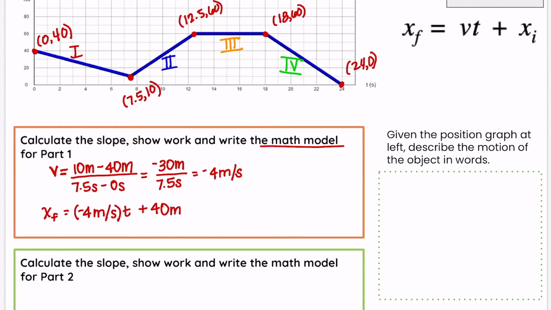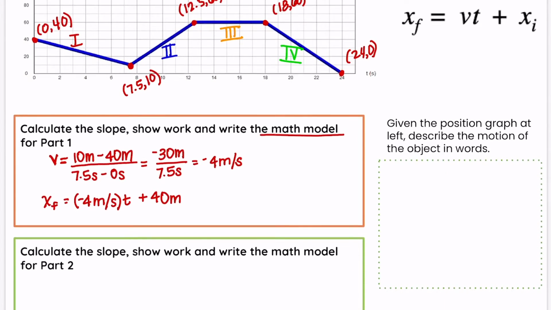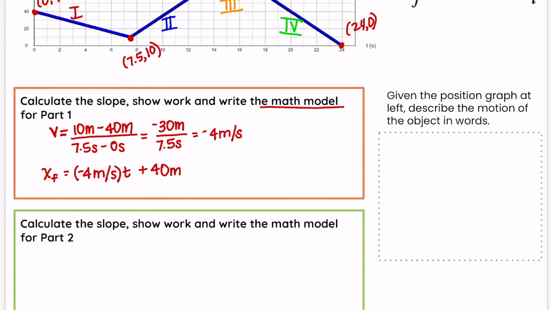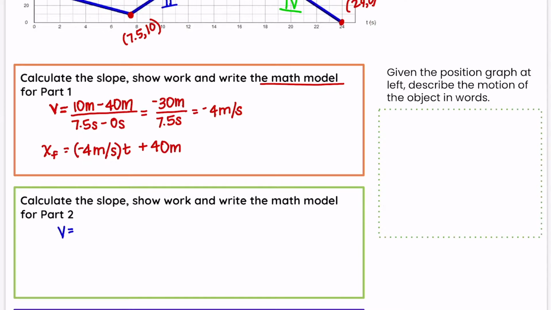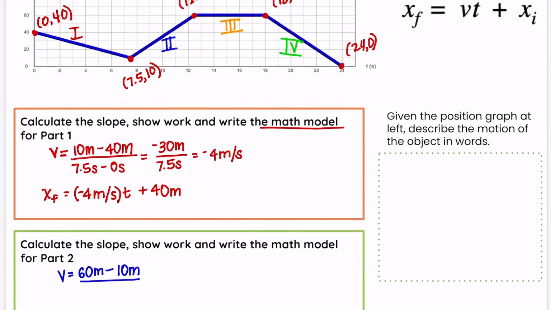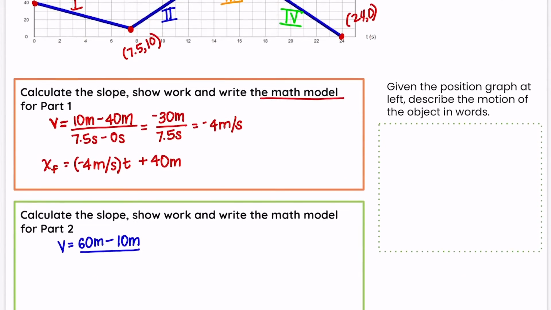All right, now for part 2, we see that it is no longer at a negative direction. Now it's increasing in position. So we're going to take a look at our points. Final position is 60 meters minus initial position of 10 meters for final time at 12.5 seconds.